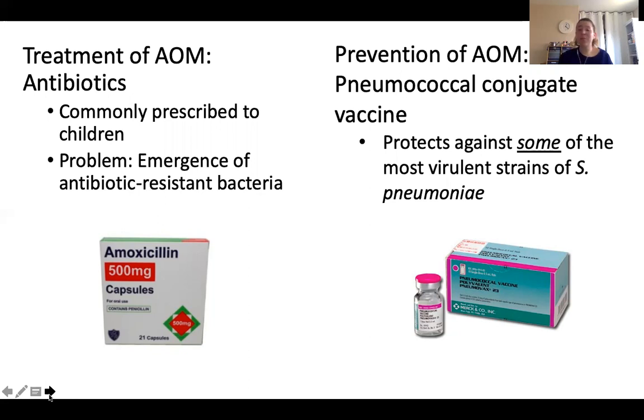And then there's prevention. And this prevention comes in the form of a pneumococcal conjugate vaccine. This protects against only some of the most violent strains of pneumonia, not all. And that's because there's a difficulty in generating a vaccine in which you can have broad coverage.